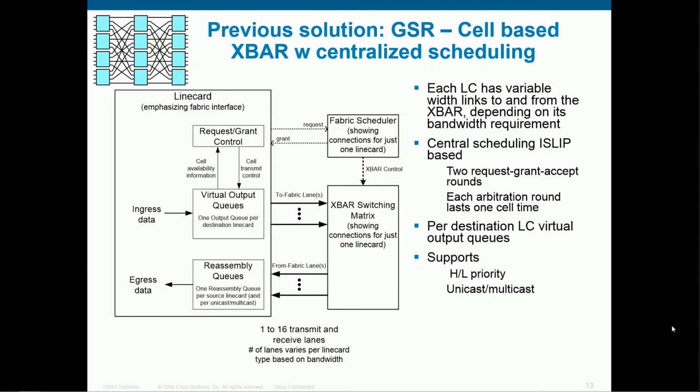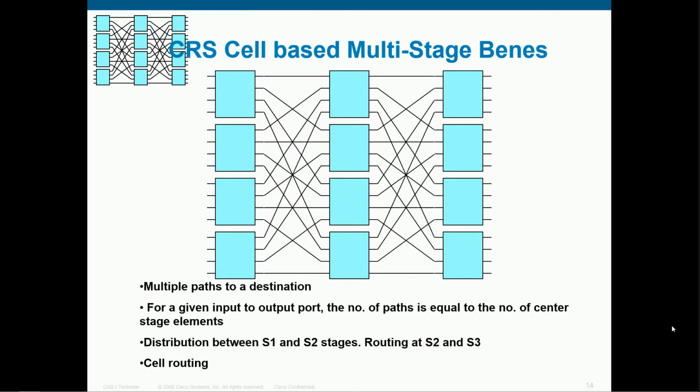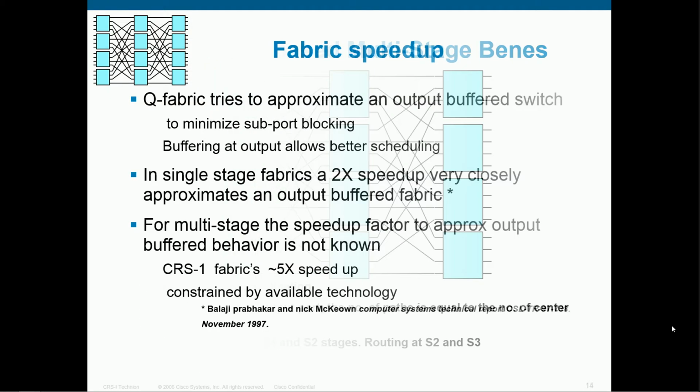Internally, this is how it kind of functions. It uses a cell-based multi-stage design. It basically allows for multipath to destination. Each one has multipath switching internal to the router. That way, switching can take multiple pathways, thus allowing faster speeds.